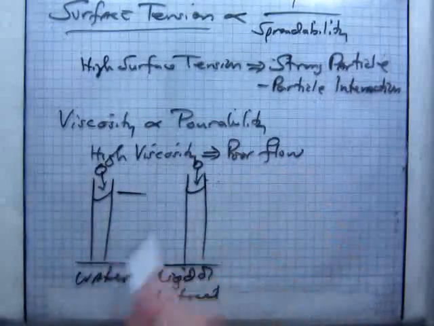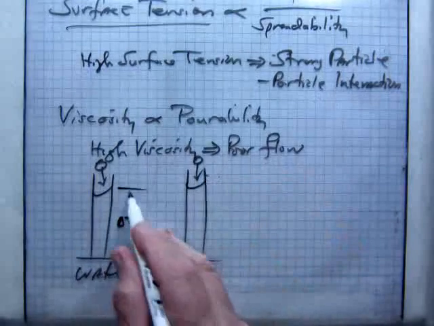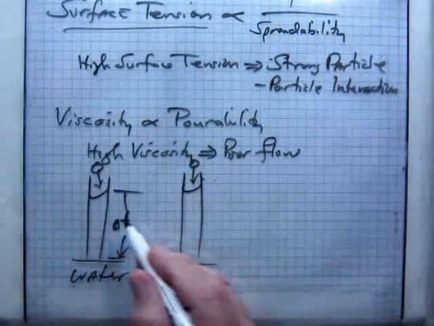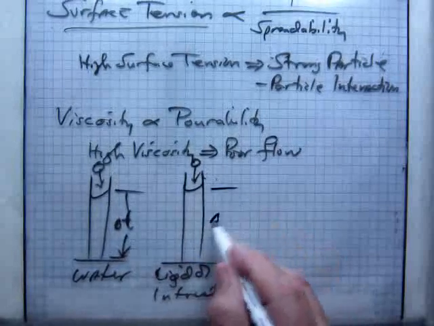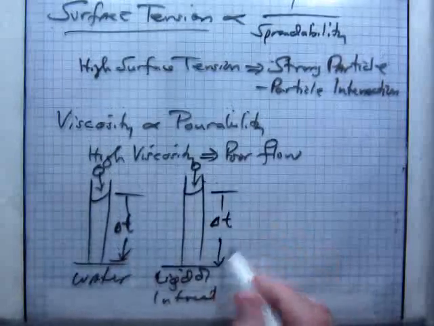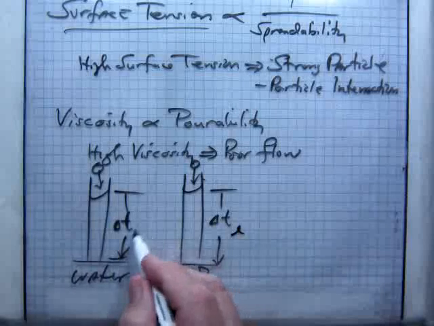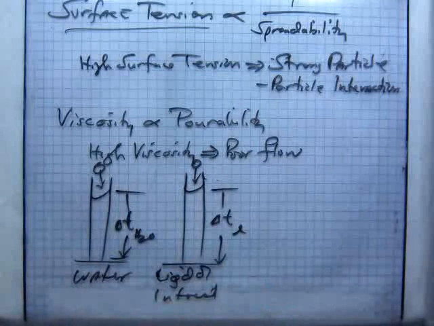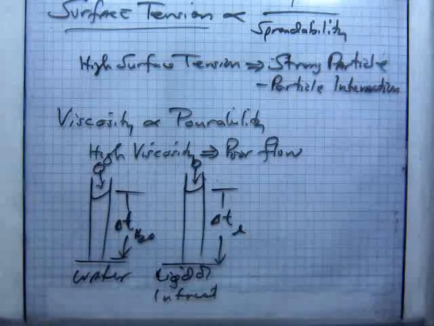The time that it goes from top to bottom is what you're referring to, and you compare delta T for the liquid to H2O, and it's called a relative viscosity. It's 1 to whatever. It takes twice as thick as water or half as thick as water. And it all revolves around particle-particle interactions.